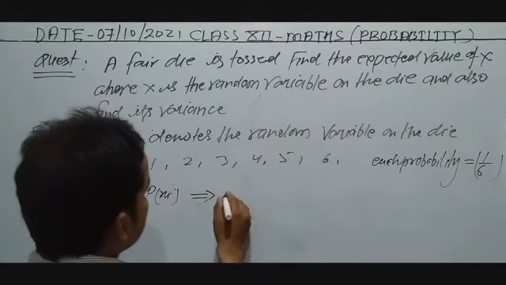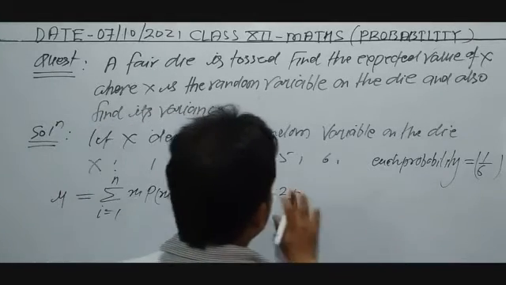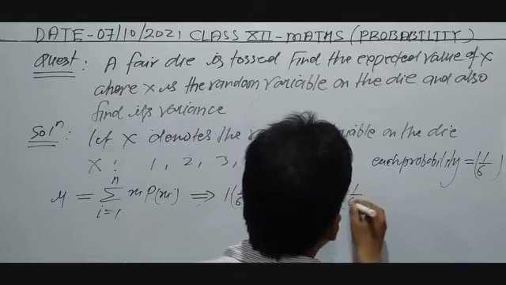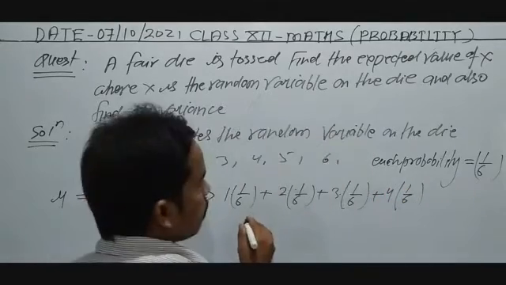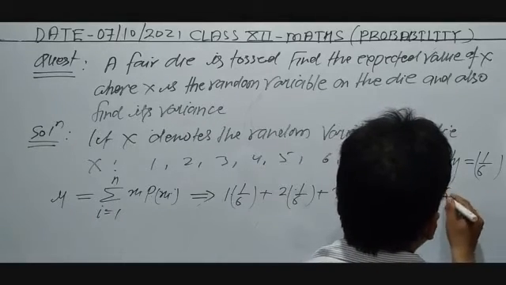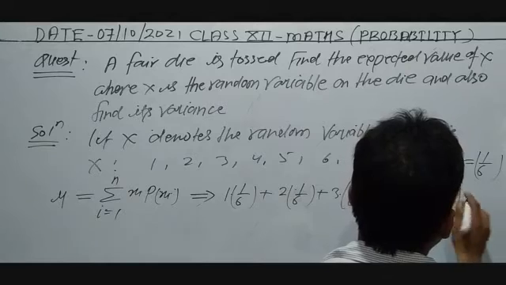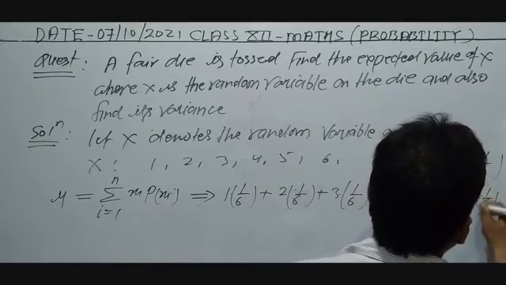So this one: 1 into 1 by 6 plus 2 into 1 by 6 plus 3 into 1 by 6 plus 4 into 1 by 6 plus 5 into 1 by 6 plus 6 into 1 by 6.